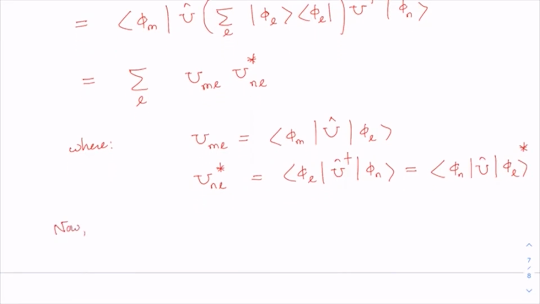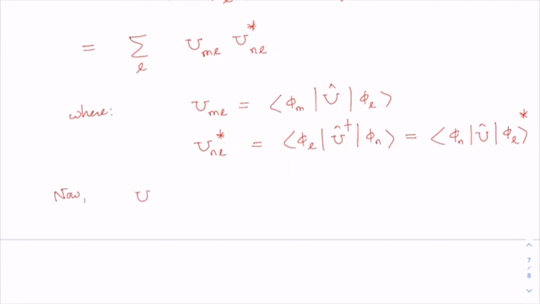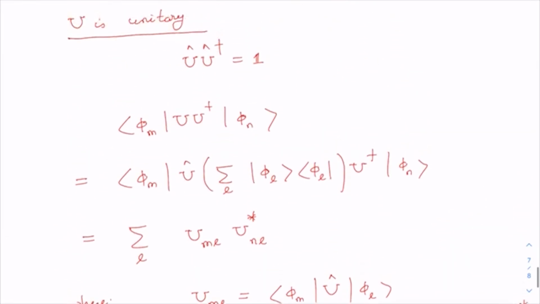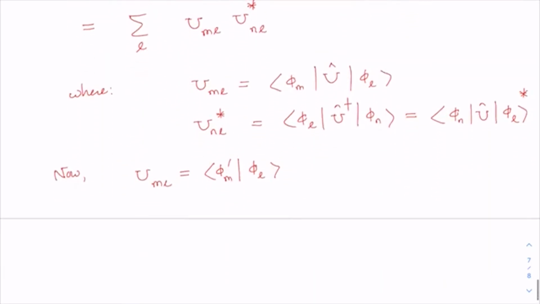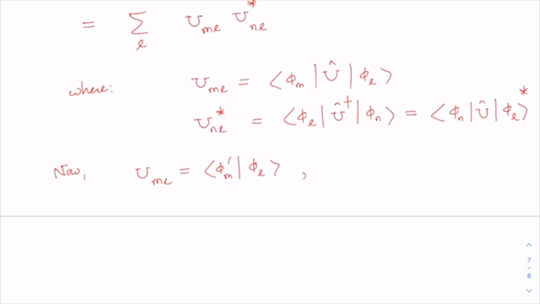Now we have U ml. This is going from the old basis state, say phi l, to the new basis state phi m dash, as per our definition here. Utilizing that, I can write U ml like this, and U nl star I can write as phi l phi n dash.